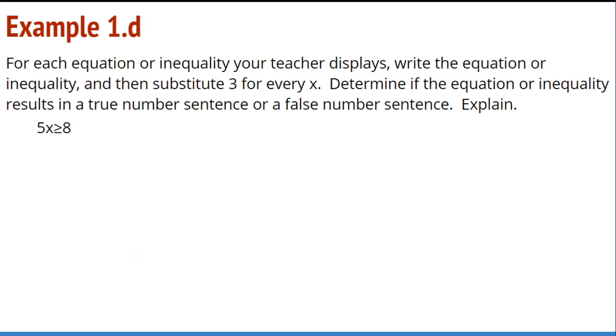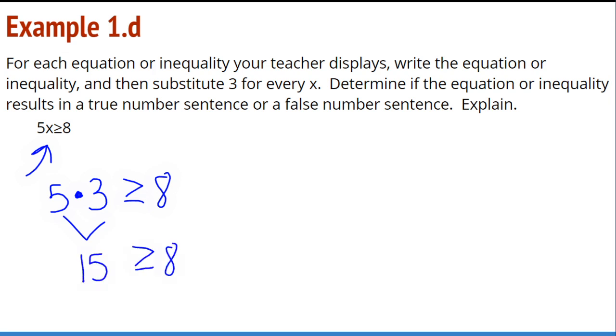So here we're going to have, once again, a multiplication. We've got 5 multiplied by 3 is greater than or equal to 8. And if I evaluate 5 times 3, I have 15. And I am answering the question, is it true that 15 is greater than or equal to 8? And yes, that's true.